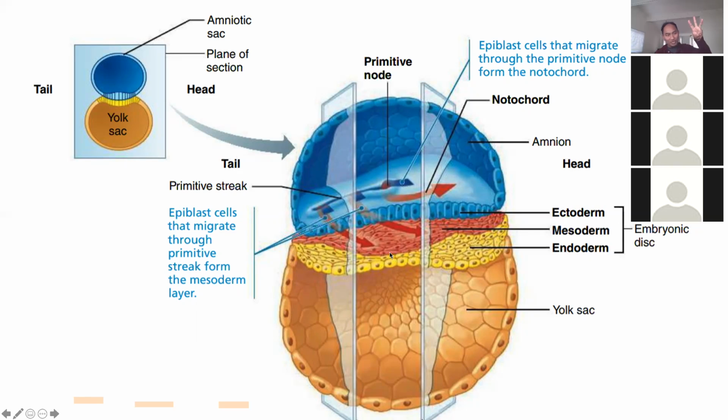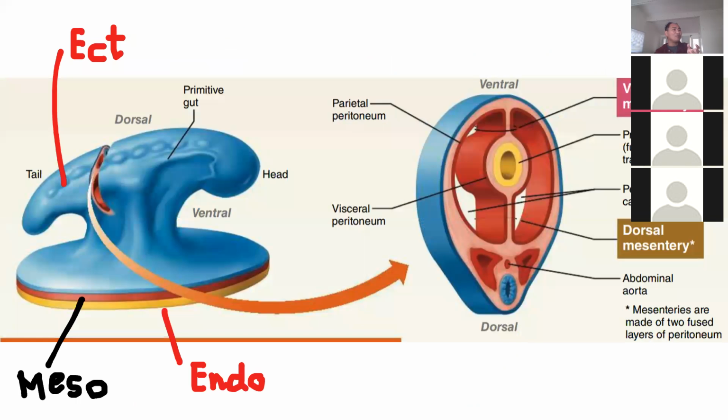And this will gradually fold. Endoderm, mesoderm, ectoderm, and then it's going to fold like that and finally become a hollow tubular structure body, with hollow tubular intestines inside our body.